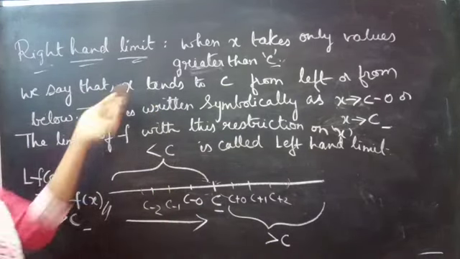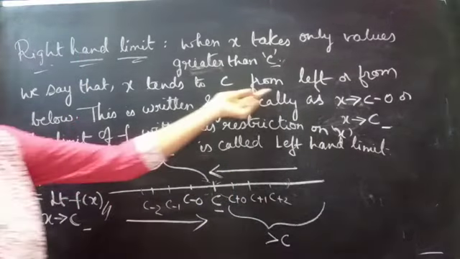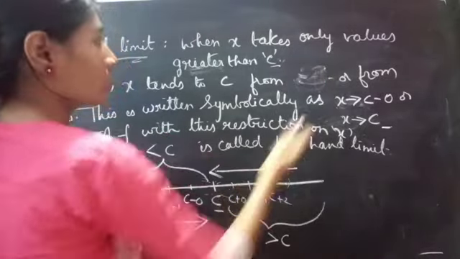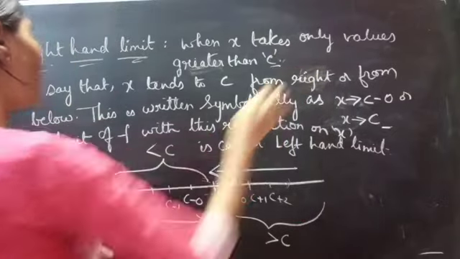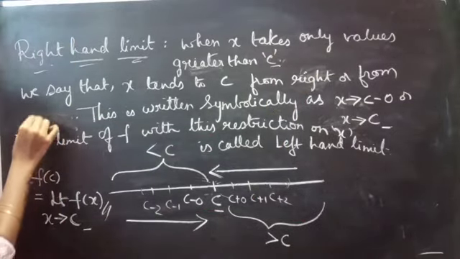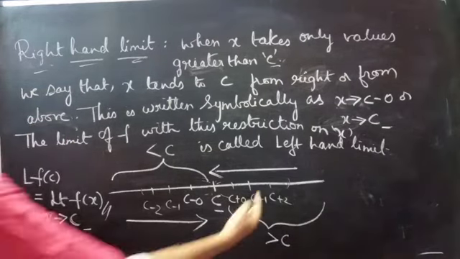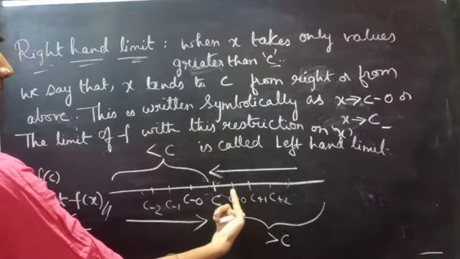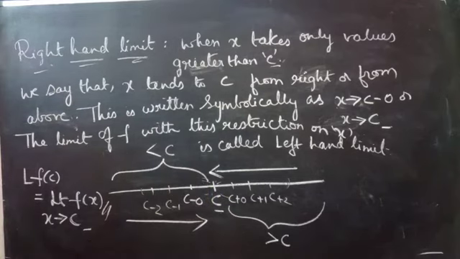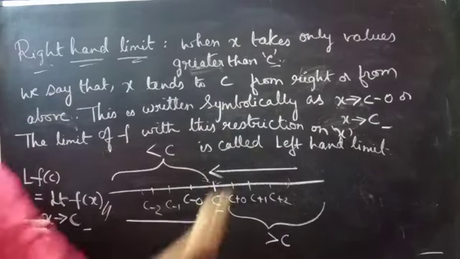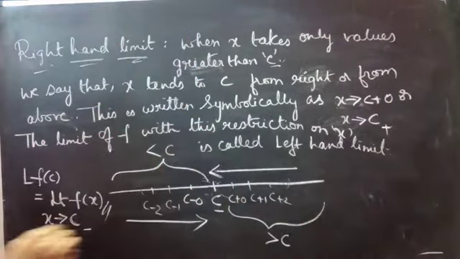We say that x tends to c from right, or we can say from above. That is, first it comes to c plus 2 and then c plus 1 and then c plus 0. And finally it approaches to c. Okay. So this is written symbolically as x tends to c plus 0 or x tends to c plus.